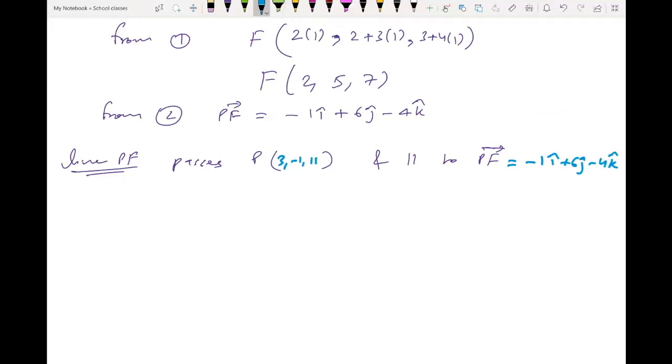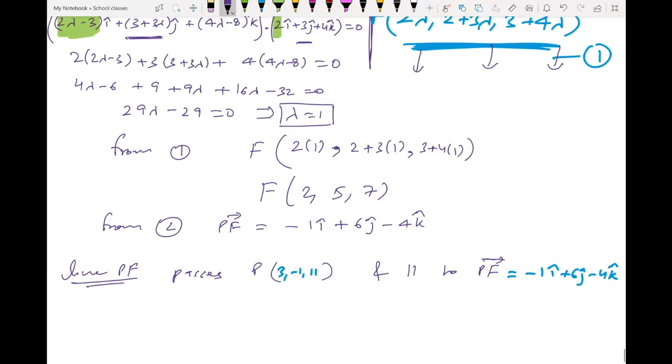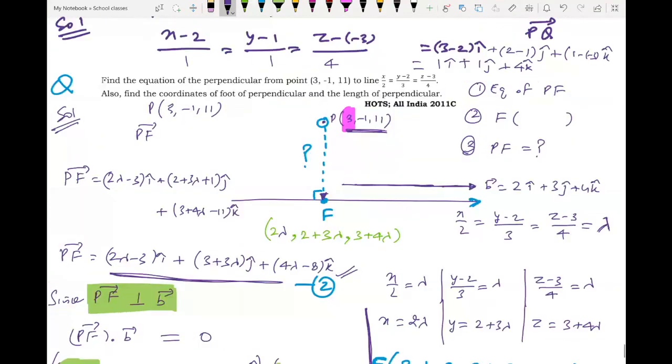Now we have a point through which the line is passing, and we have a vector to which it is parallel. So we can simply write the equation of the line. It is not written here whether we have to find it in Cartesian form or vector form.